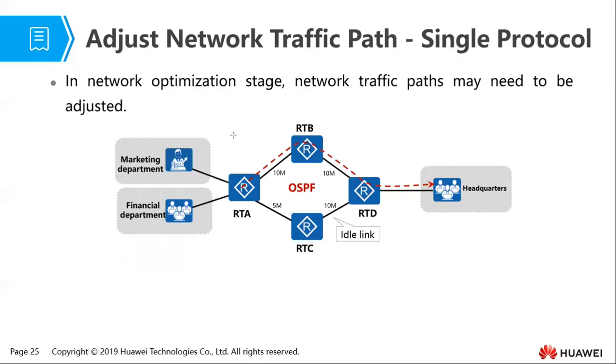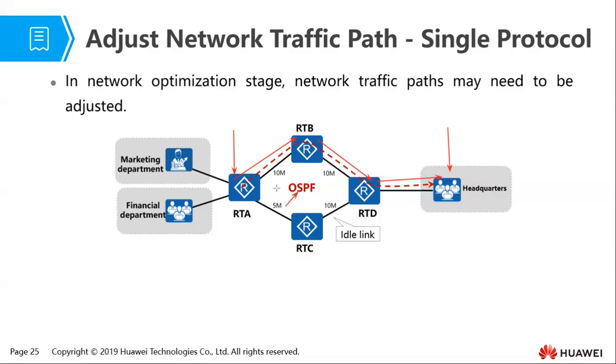Now, when RTA learns about the route to the headquarters using OSPF, the routes installed in the routing table are going to be the optimal routes based on the cost. Therefore, the next stop for packets from the marketing department and the finance department to the headquarters in this scenario are always going to be forwarded through RTB, because RTB has better bandwidth.